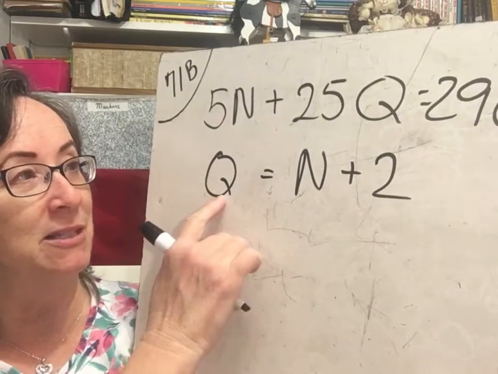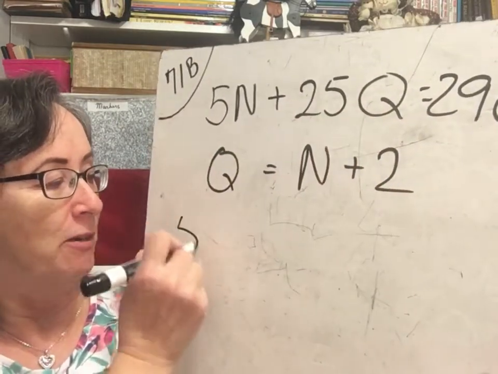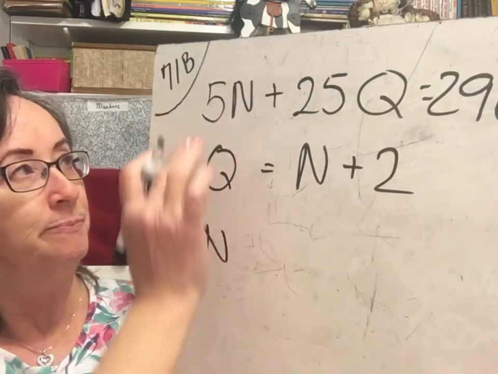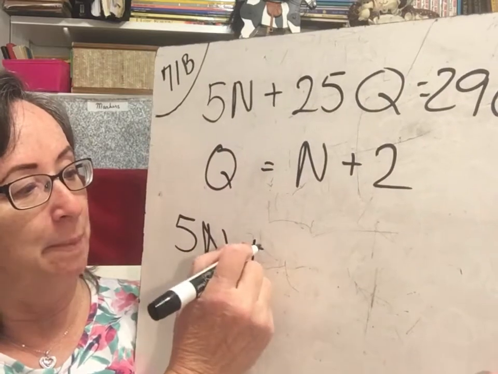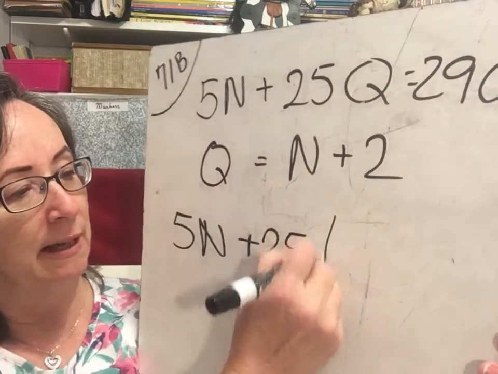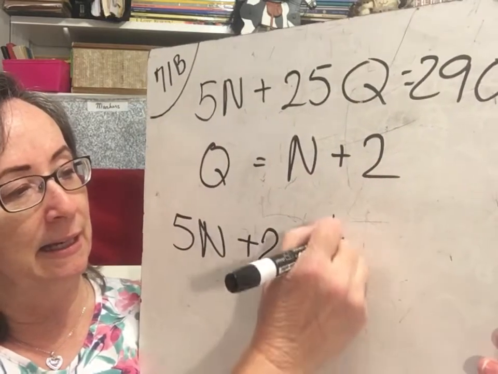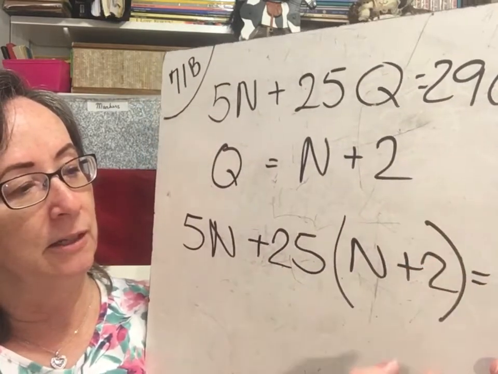So now I'm going to solve by substitution. I'm going to take this q and slide it up there. So we'll have 5n. This is my basic equation. This is my sub. I'm going to copy my basic equation till I get to my sub. And then I'm going to sub in n plus 2 equals 290.